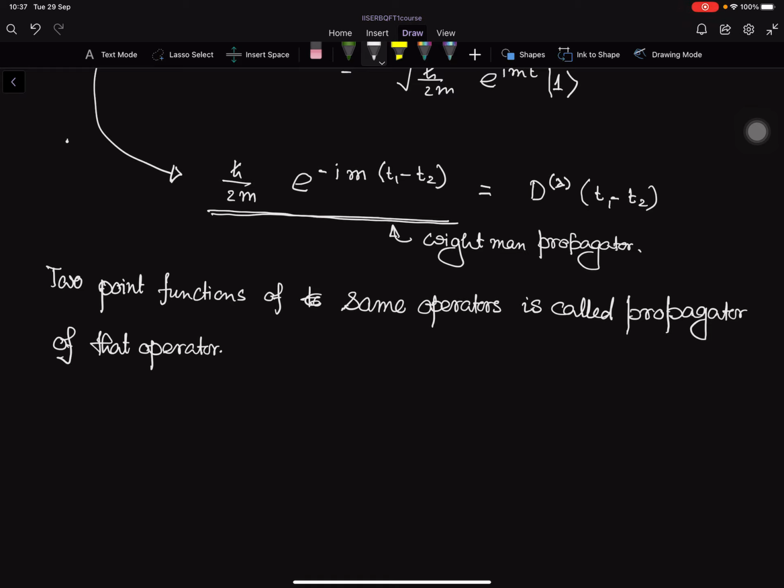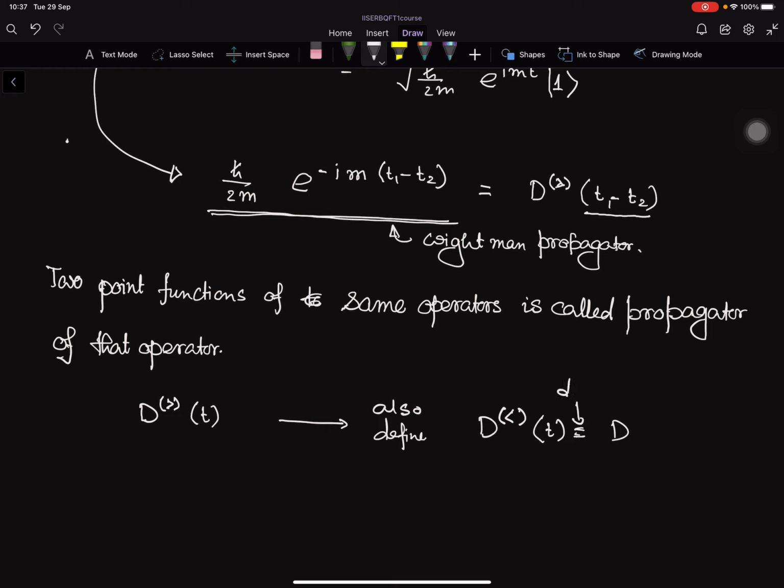Usually people also define, so you see, since it depends on just the time difference, so you just write it as t, and people also define, just for later, useful for later purposes, d, and this is by definition.